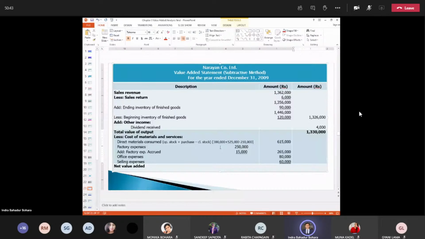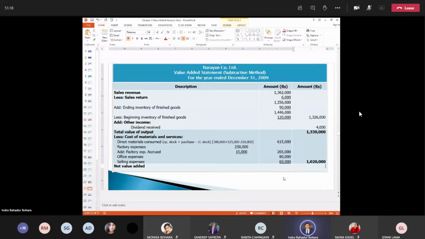6 lakh, 7, 8 lakh, 9 lakh, 10 lakh, 10 lakh 20. Yes, it is 20. Now, how much is value added?